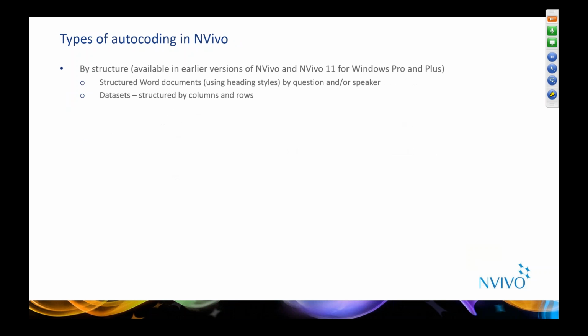So if you are familiar with earlier versions of NVivo, you know that for a long time you've been able to autocode any textual data that you have that's structured in some way. So for example, if you have structured Word documents, for example, focus groups are certainly structured by speakers.